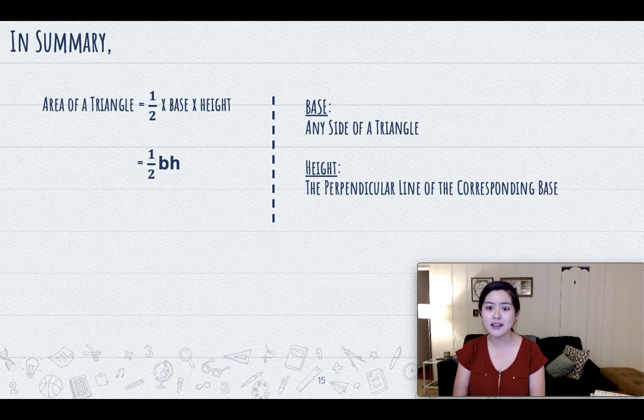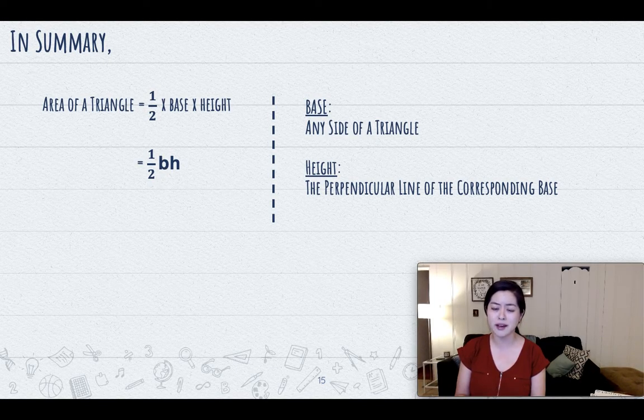Well, the height is dependent on the base because you have to draw the height according to what your chosen base is, okay? And the height is perpendicular to the corresponding base. And it also touches the opposite vertex of the base.